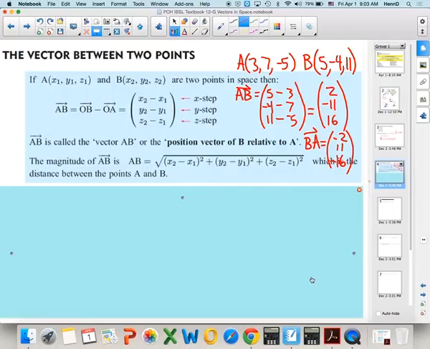Now, once you've figured out what this vector is, if this is your a, b, and c, really all you're doing here is the magnitude of vector AB is the square root of a squared plus b squared plus c squared. Okay? So again, it's just an extension. a squared plus b squared was the magnitude of AB when it was 2 dimensions. Now we just have the plus c squared. Okay?